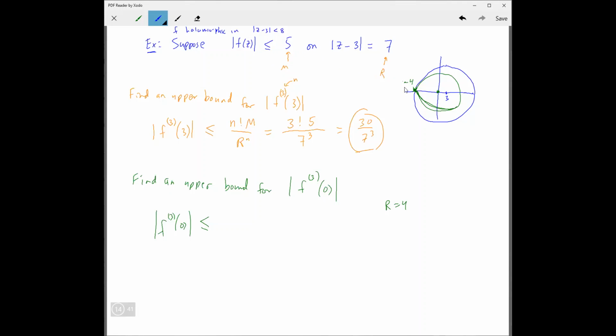If f is holomorphic on a region like this, then the maximum and minimum of the modulus are going to occur on the boundary. So if the modulus is less than or equal to 5 on this blue boundary, then on the green boundary, since that's inside the blue boundary, it's also going to be less than or equal to 5.